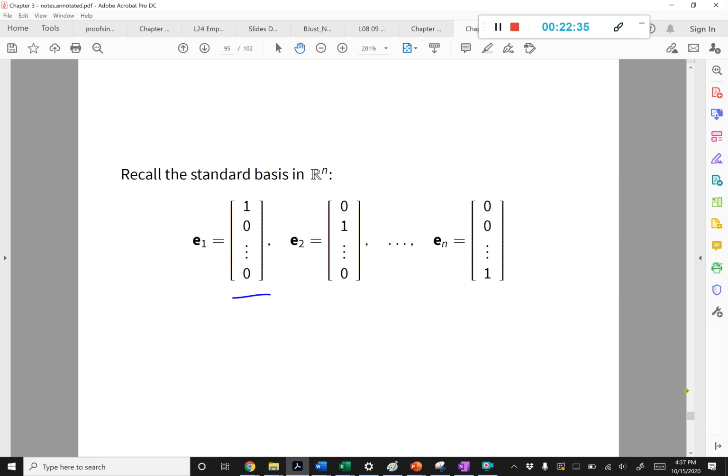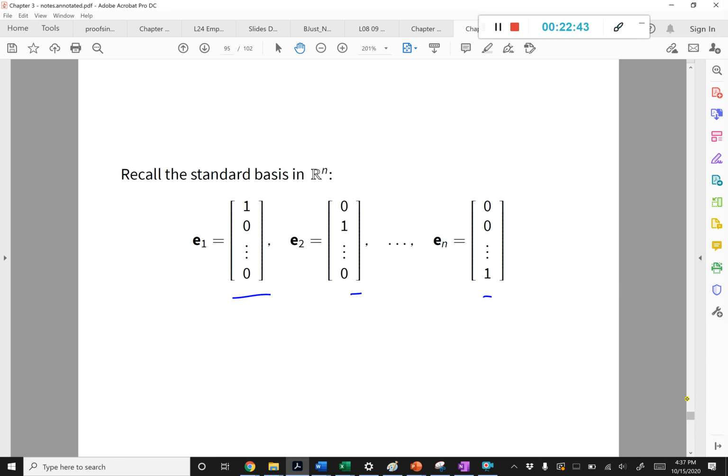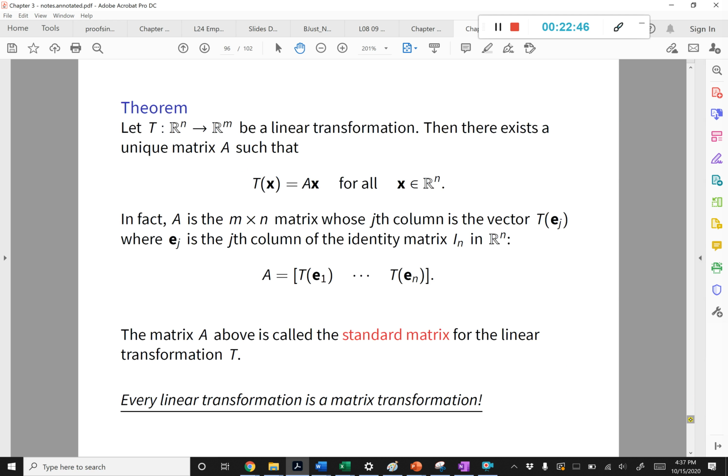So we have the standard basis. I went through that fast because I'm hoping that you guys know the standard basis already. Let T be a transformation from Rn to Rm, a linear transformation.